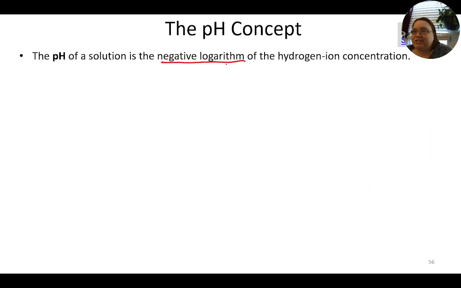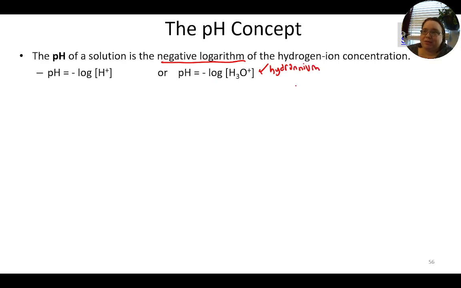So pH is the negative logarithm of the hydrogen ion concentration, or the hydronium ion concentration. It is the negative log.